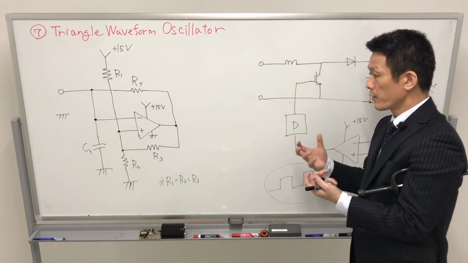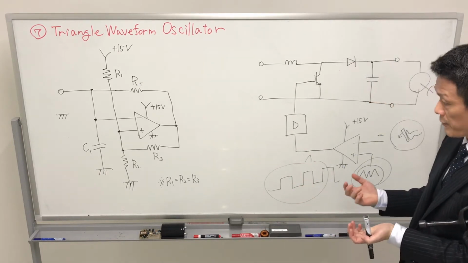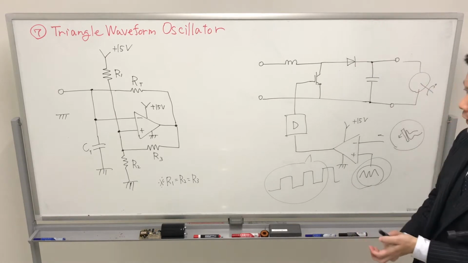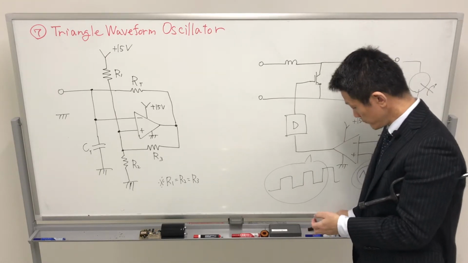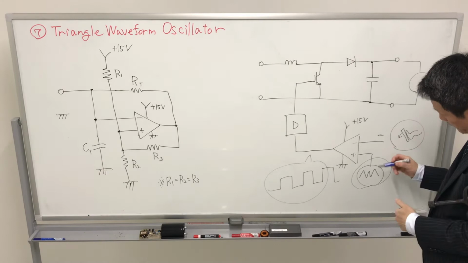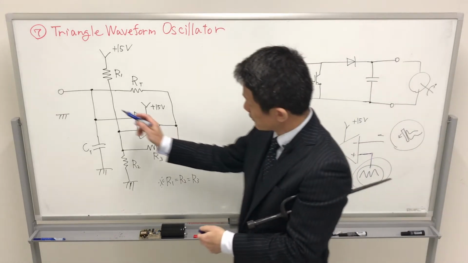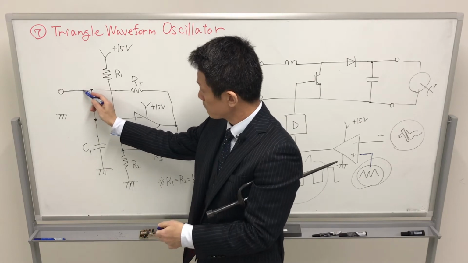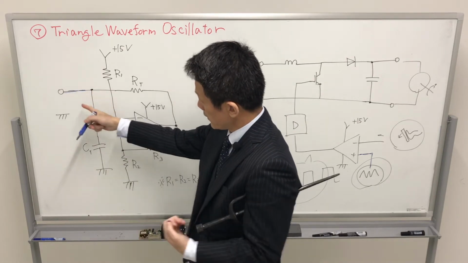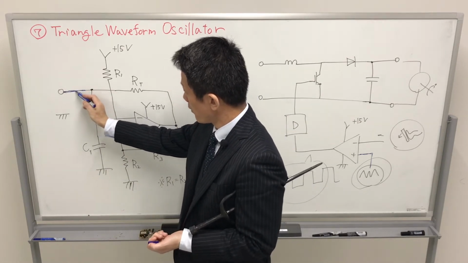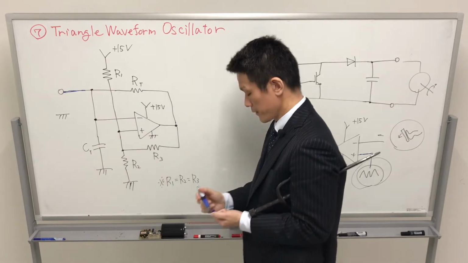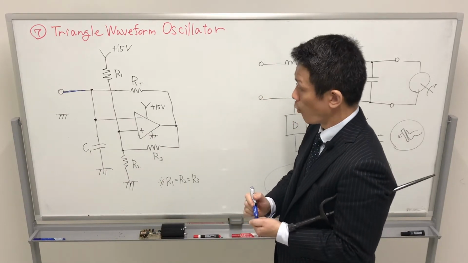And today we will discuss the triangle waveform. This line, the triangle waveform, is the oscillation voltage line, not the output power line.